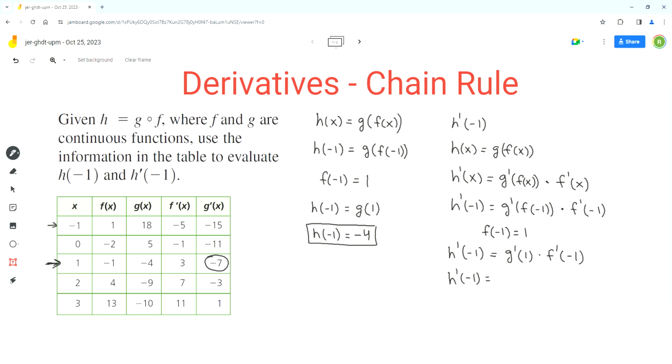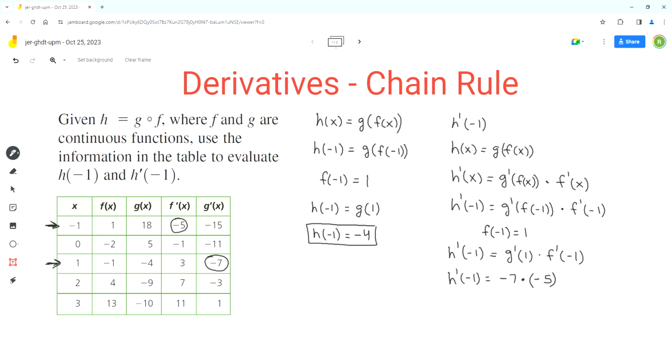So that means g prime at 1 is equal to -7, times, now we have to find f prime at -1. For that we'll use the row for x equals -1, which is this row here. And we have to go under the column f prime, which is this value -5. That means f prime at -1 is equal to -5.